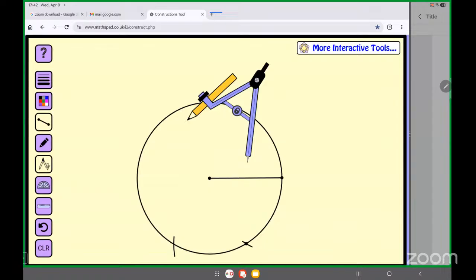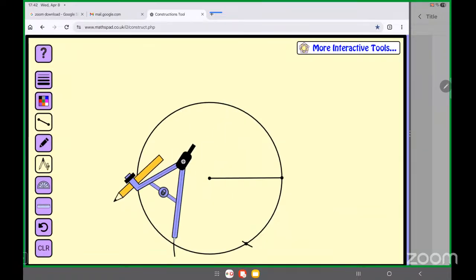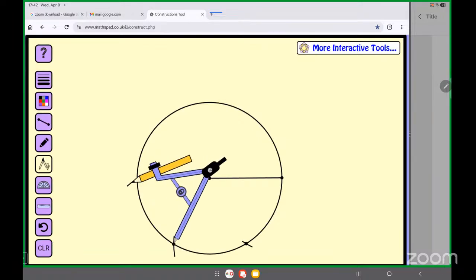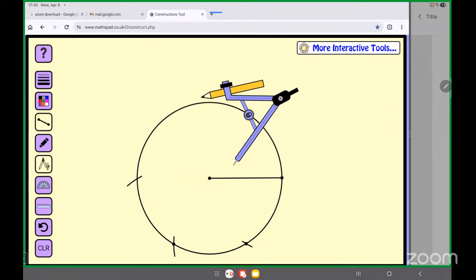If I come back to this point on the circumference again where the arc is and cross again, that's another 60 degrees. Once I don't change the radius of the compass, all of those arcs are 60 degrees.